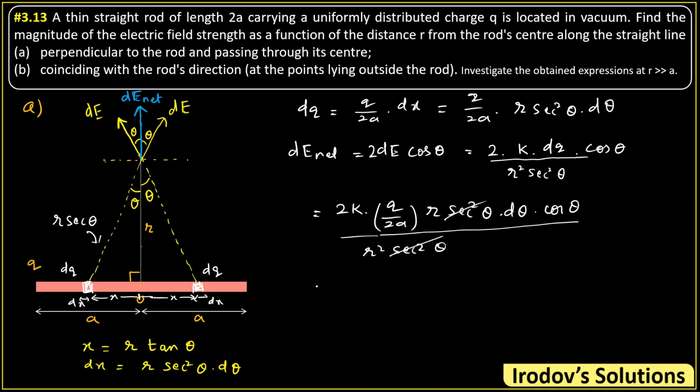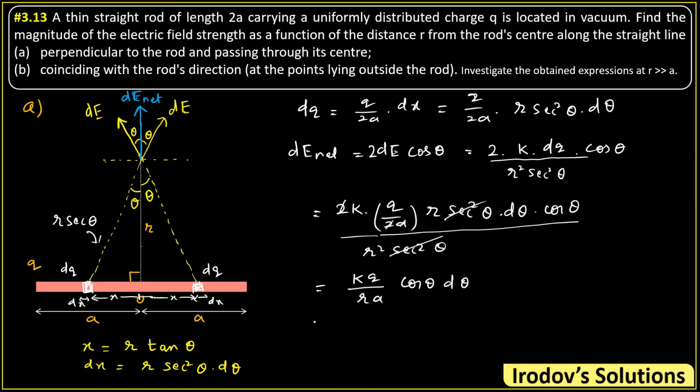Now some simplification, and the 2 and 2 will get cancelled. So that will be kq by r, r will get cancelled and a is there, so kq by r a into cos theta d theta, and that's what we are left with.